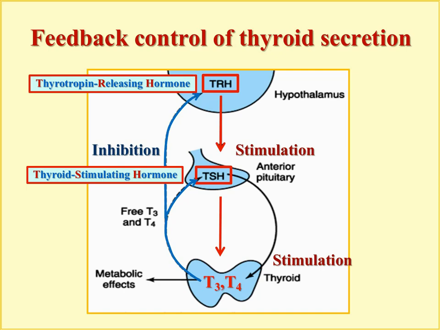If T3 and T4 become higher and higher, they inhibit stronger and stronger, and TRH and TSH levels decrease. But in case of deficiency of T3 and T4, this feedback inhibition becomes less than usual, therefore levels of TSH and TRH become higher. And finally, it results in normal secretion of T3 and T4. This is a classical negative feedback control.